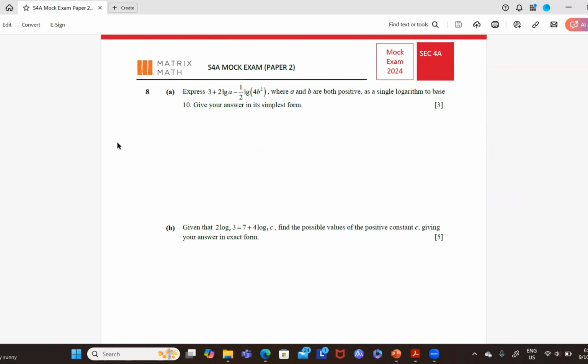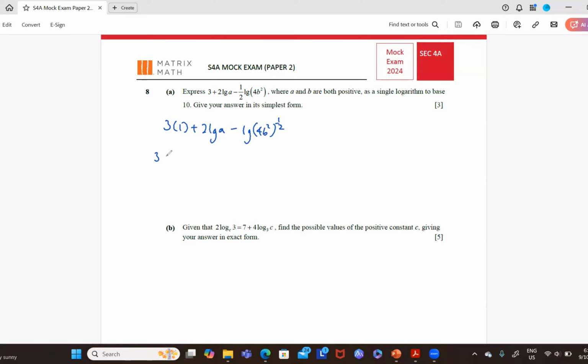Question 8A. Express 3 plus 2 log A minus half log 4B squared as a single logarithm. Okay, so this is log base 10. So what you want to do is write down 3 as 3 times 1, plus 2 log A, minus log 4B squared to the power of half.